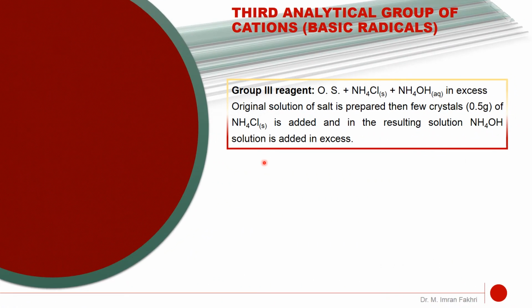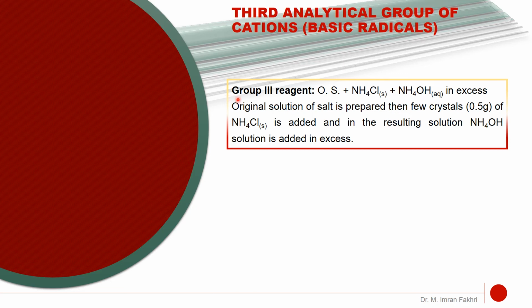For the third analytical group of cations, systematically we have observed in the experiment that group 1 cations are absent and group 2 cations are also absent. We didn't have any precipitation in group number 1, or by the addition of HCl and H2S in group number 2.